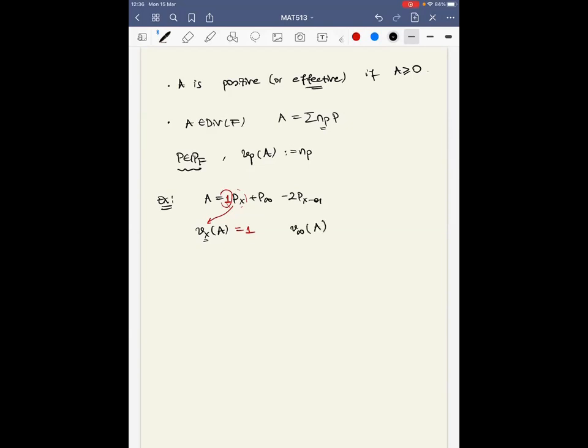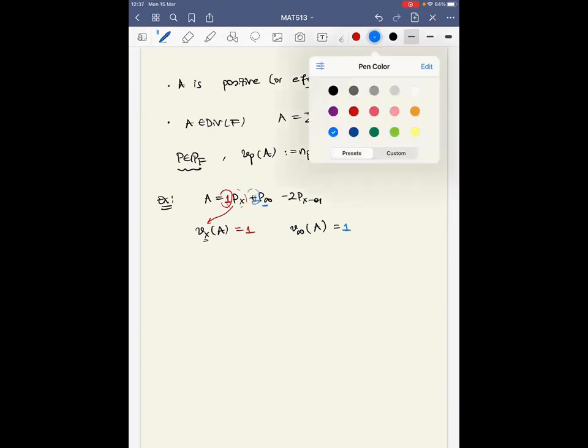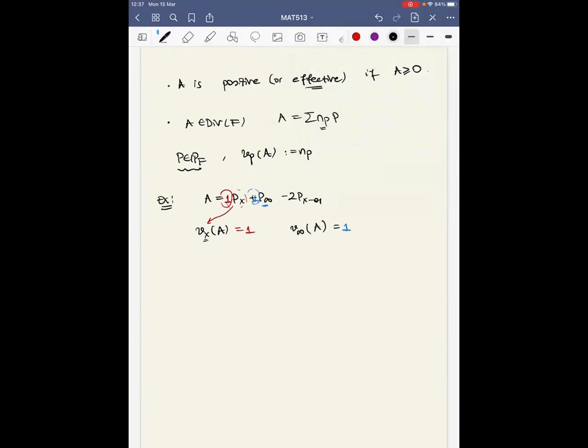The valuation at infinity of A is 1 because the coefficient of P_infinity in the sum is 1. And finally, the valuation v_{x-a} that corresponds to the place P_{x-a} gives us -2 because it has coefficient -2 in the sum.